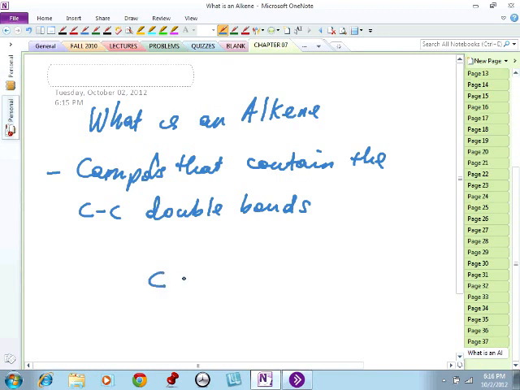For example, you have this molecule here. This is the smallest alkene, in which you only have 2 carbon atoms and a carbon-carbon double bond.